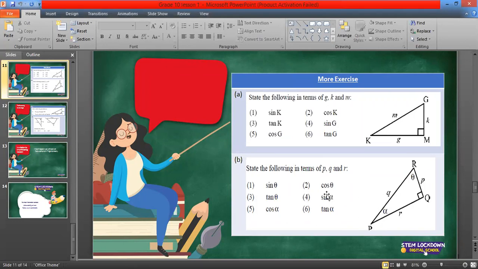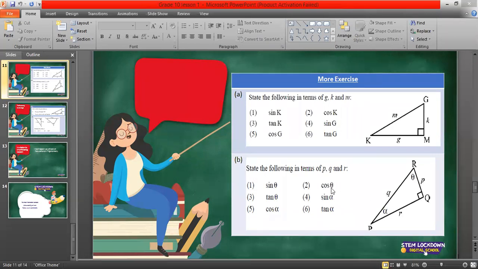Now sine theta will be opposite, which is r over q, because this is our theta here. Automatically this side is our opposite, this is our adjacent, and this is our hypotenuse, the side facing the included angle. So our sine theta becomes r over q.